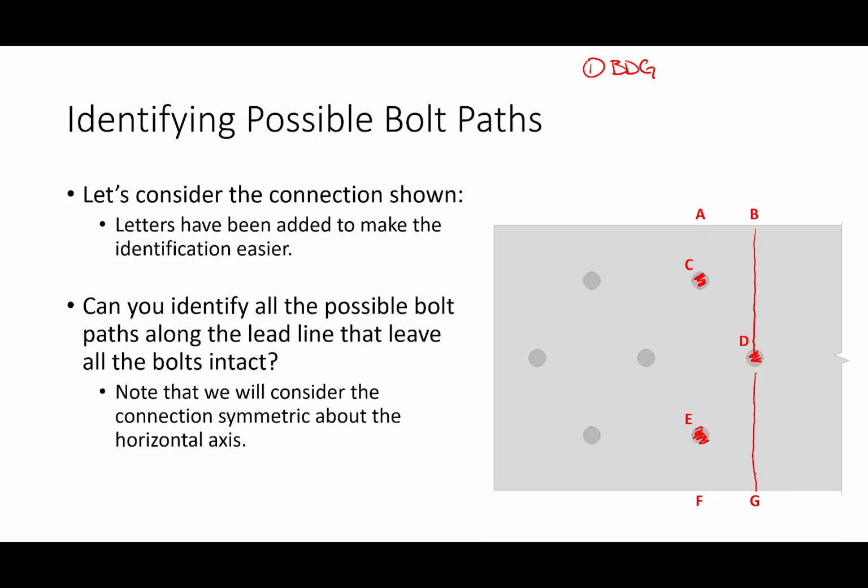I think that failure path is going to be the smallest area, right? So the first point I want to mention is that the only time there's a diagonal path is between bolt holes. Everything else is going to be perpendicular to the axis of the member. Does that make sense? Okay, if that makes sense, I want somebody to give me another potential failure path for this member. Somebody in here.